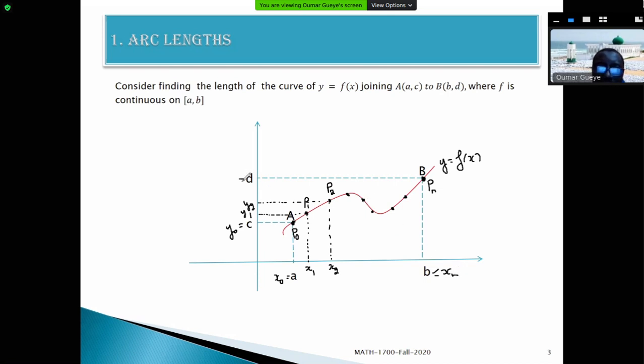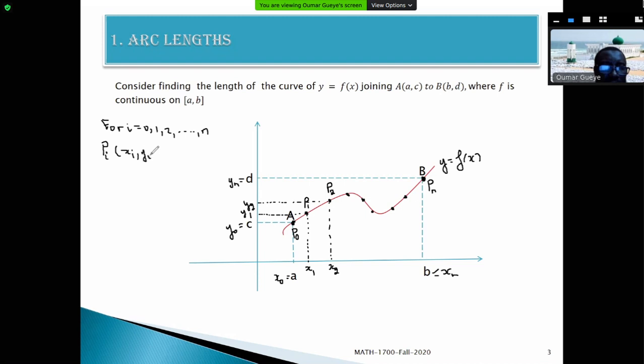So basically, for all i, where i is the index of the point going from 1, 2, 3 up to n, I create my point Pi with coordinates xi and yi.